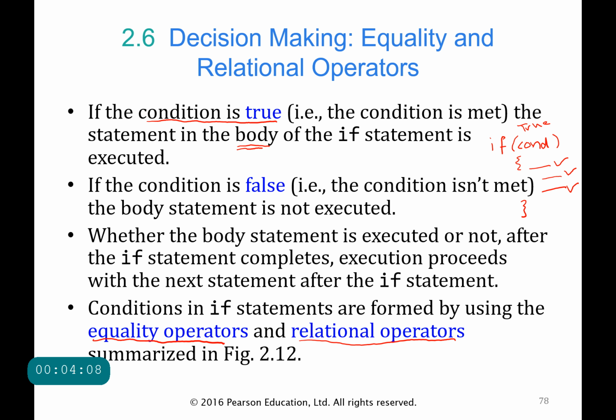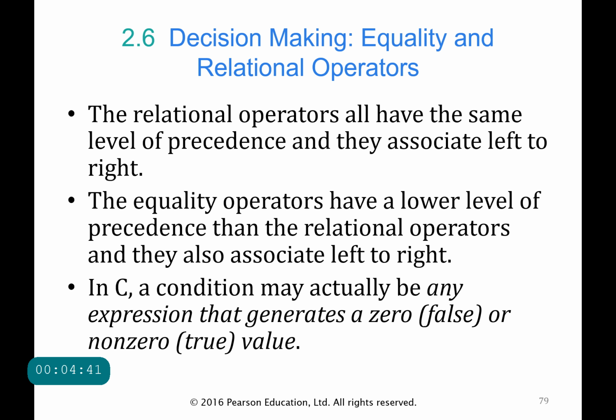It could also be written in a way that if two variables are not equal to each other, then our condition may be true. Similarly, for relational operators, we generally do comparisons like less than, greater than, or less than or equal to, and things like that. We'll talk about these in a bit more detail in a second.